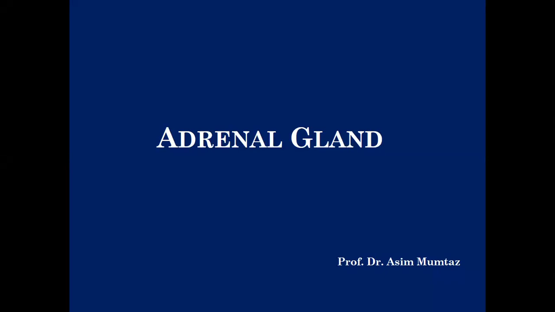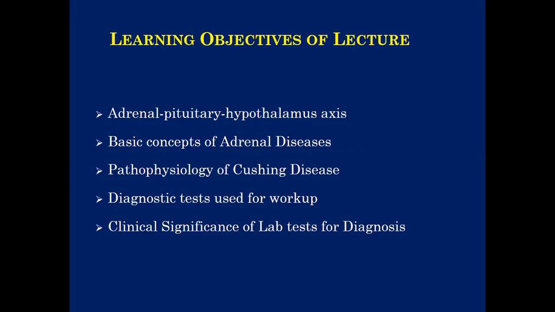First of all, I would like to briefly highlight the learning objectives of the lecture. First, we'll go through the adrenal pituitary hypothalamus axis, how it works, what the basic components of it are, and some concepts about the adrenal diseases which are common in our society.